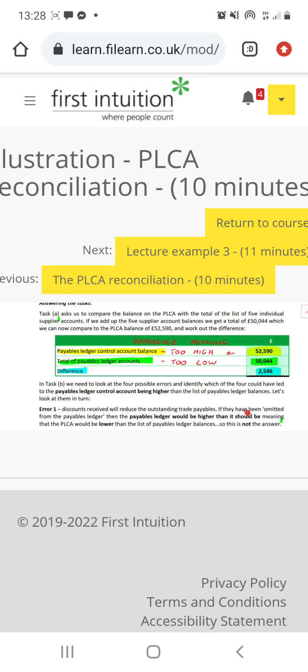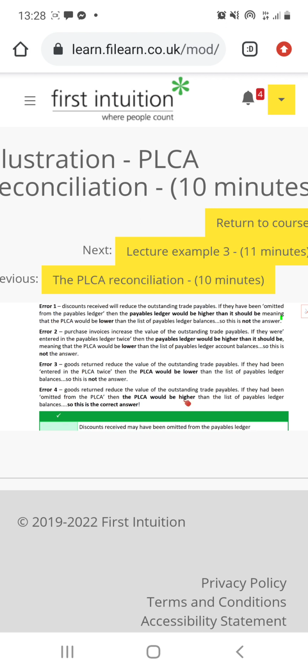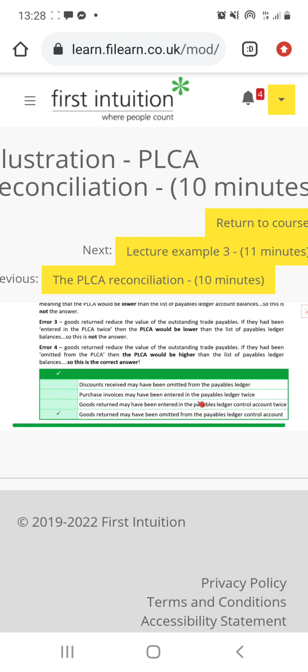So let's have a look at what we've been given here. First of all, discounts received may have been omitted from the payables ledger. Well, if I receive a discount, that would reduce my payables balance.